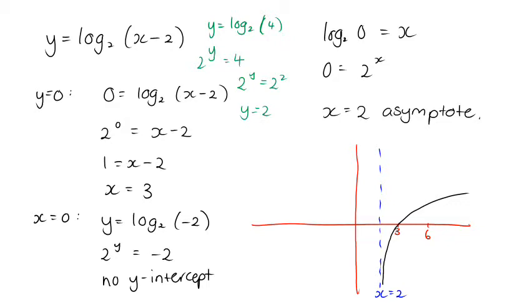So 6, 2. Okay, the trick from here, you can go y equals log base 2 of 2 squared. At any time where you have log base 2 and that base are the same, they just cancel each other out and the answer is the power.